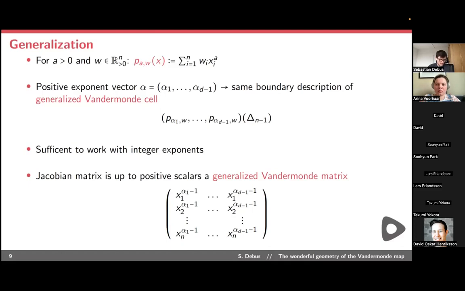This is not possible, but there's a theorem in real algebraic geometry called Descartes' rule of signs, which allows you to make those results. For results on the boundary, you can only work with integer exponents because you can approximate reals with rationals, and the homogeneity of the Vandermonde map allows you to restrict to integer exponents.